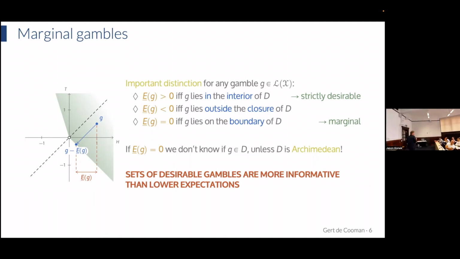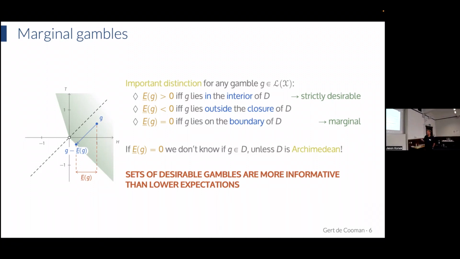What does this tell me? That in this very simple sense, desirability is more general as a model than lower expectation. Because, and this is something I said before, lower expectations are typically always Archimedean models that can use real numbers to determine whether something is desirable or not.